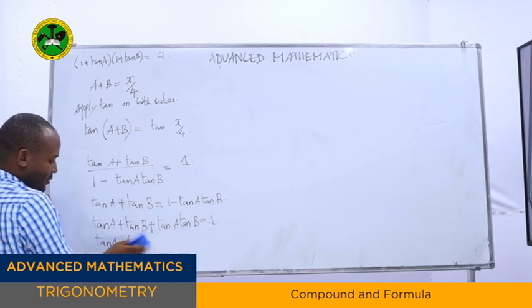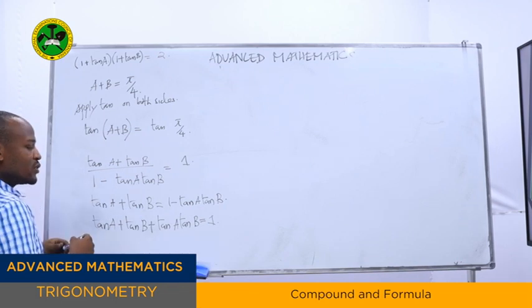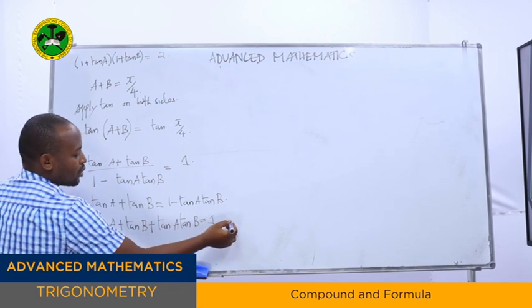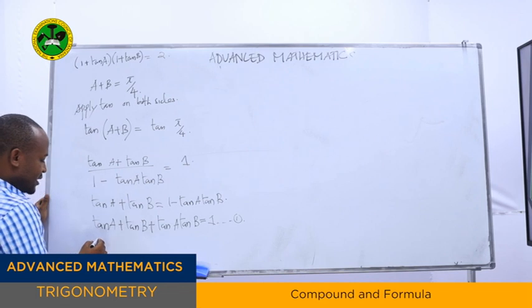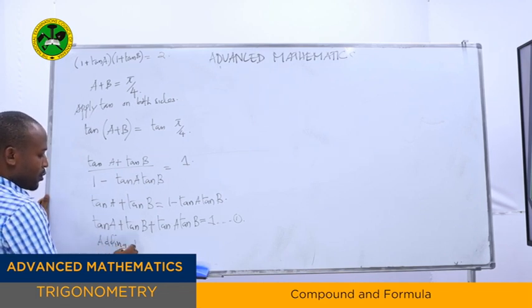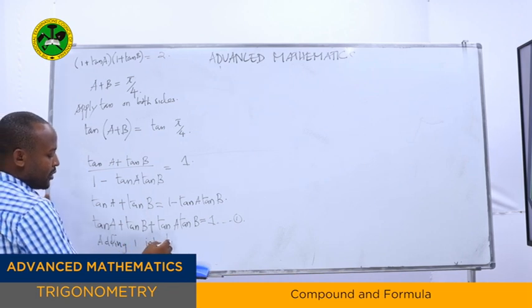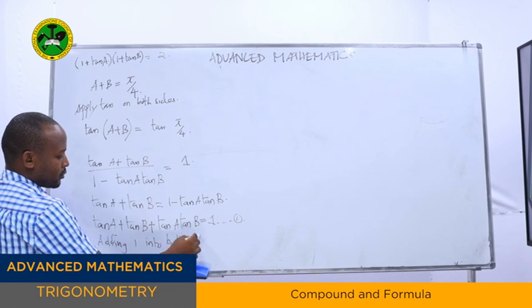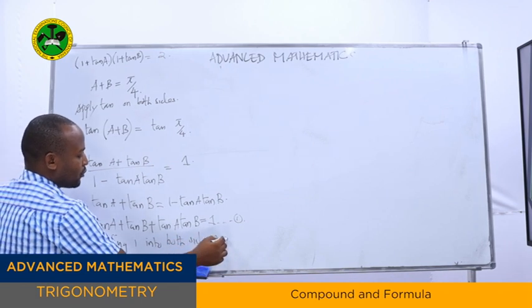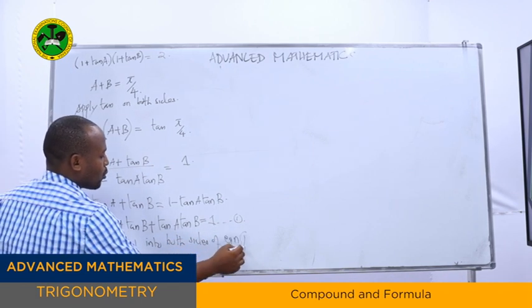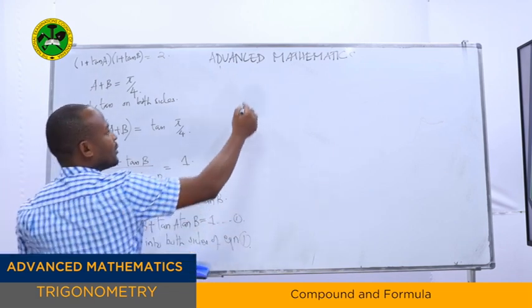Adding 1 to both sides of, let's say you call this equation number 1. So you can say adding 1 into both sides of equation 1, what are we going to have?